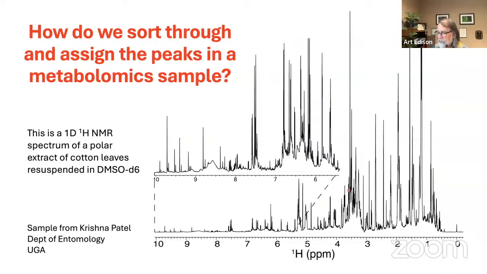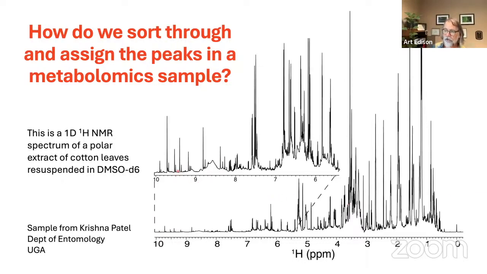This is a different NMR spectrum. This time it's of extracted cotton leaves, for a study that some people in entomology, Krishna Patel in particular, a graduate student in entomology, is doing in our facility. I show this because you're going to see some of these spectra.